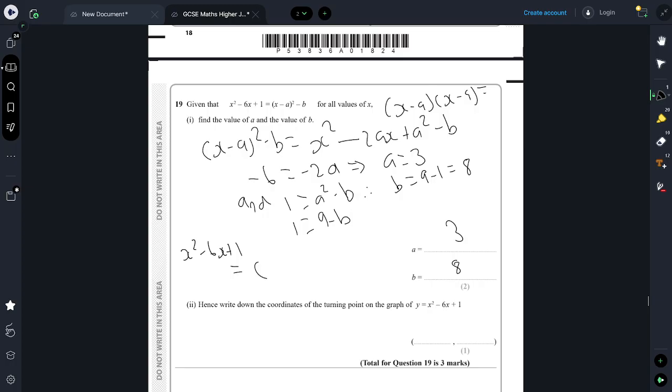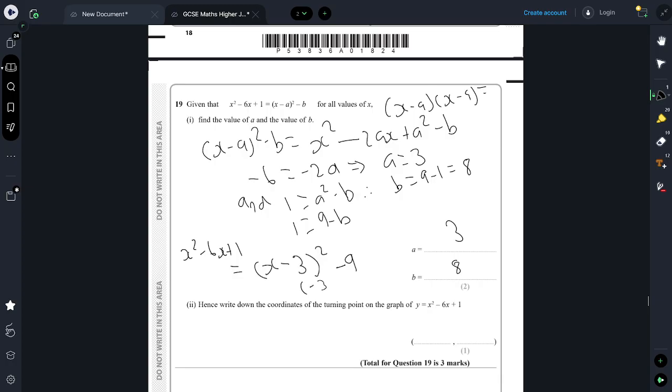This is just a constant, so focus on the x. So what you need to do is halve this, just halve it, squared, then minus 9. So you square this and take the negative.